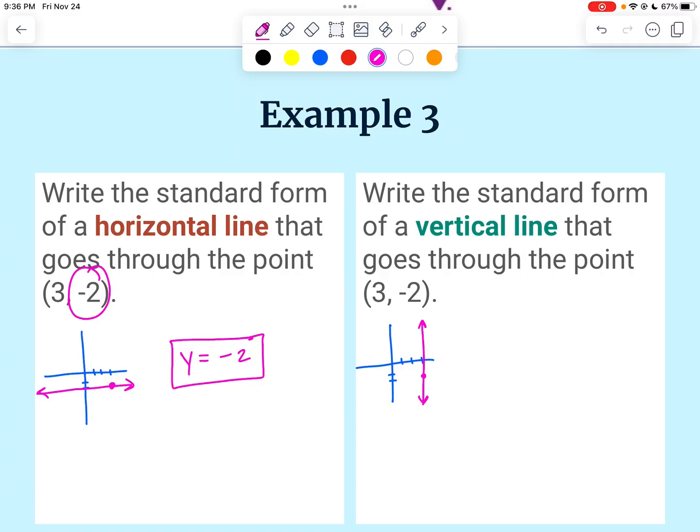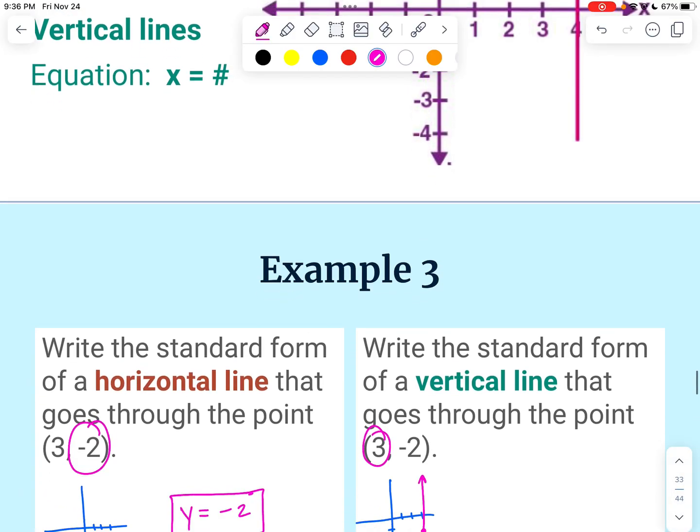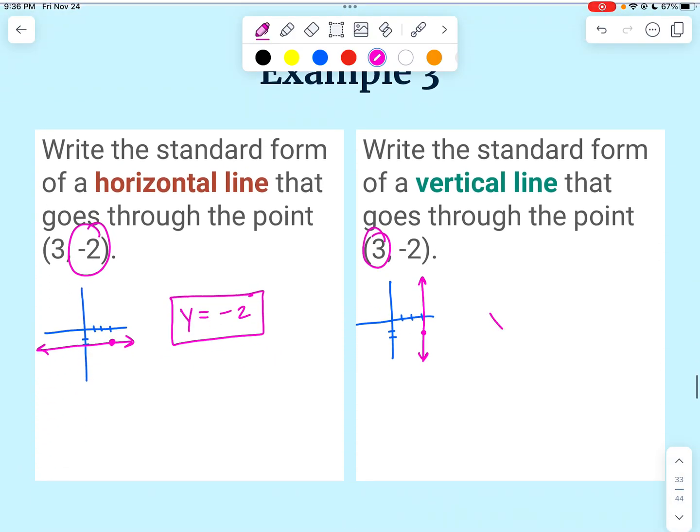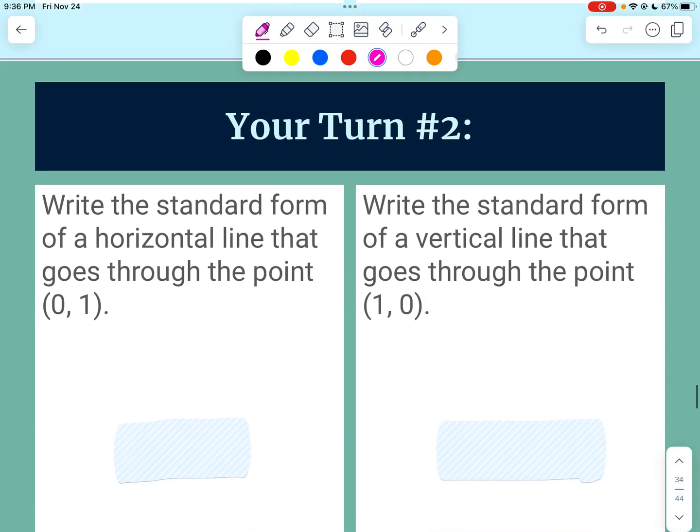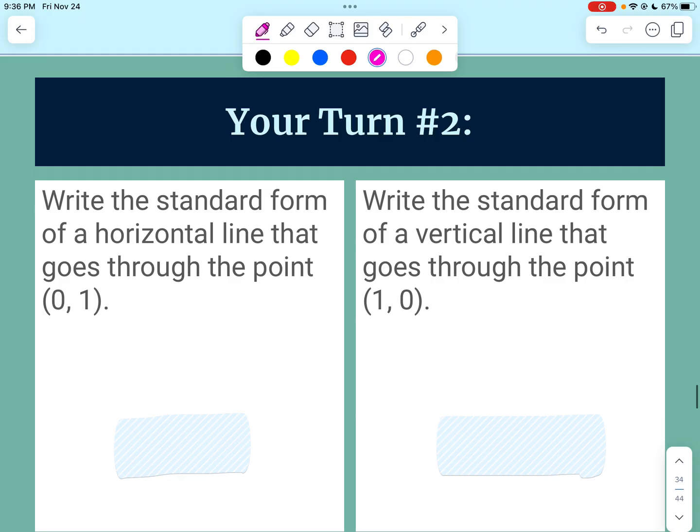We're always right 3. So x is always going to be equal to 3. Again, if you draw a graph for these, it will make your life so much easier to visualize the line.